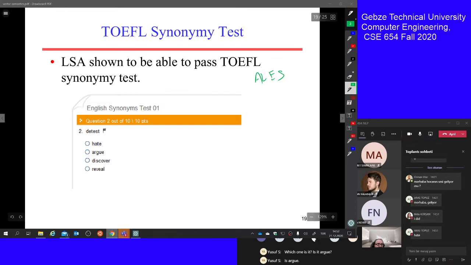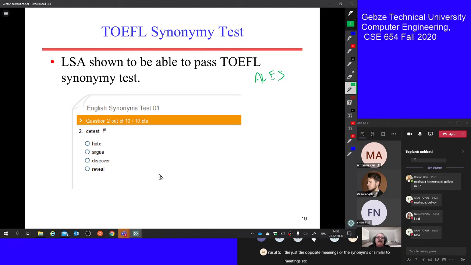Dislike, hate. It is hate. I didn't know that. This is how you study for your TOEFL exam. You find these kinds of rare words and try to find the opposite meanings or the synonyms or similar meanings, etc.